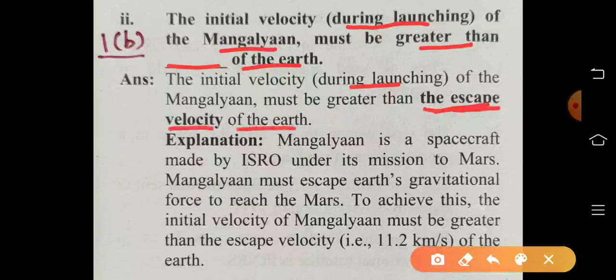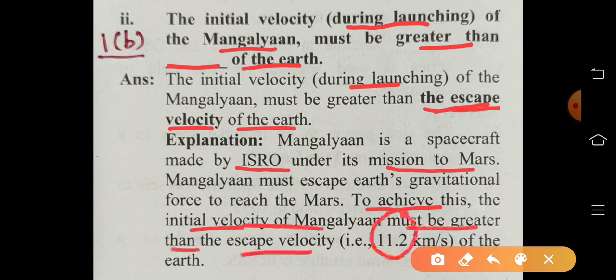Mangalyaan is a spacecraft made by ISRO. You know the full form of ISRO. Under its mission to Mars, Mangalyaan must escape Earth's gravitational force to reach Mars. To achieve this, the initial velocity of Mangalyaan must be greater than the escape velocity of the earth. What is that escape velocity? That is 11.2 kilometer per second.